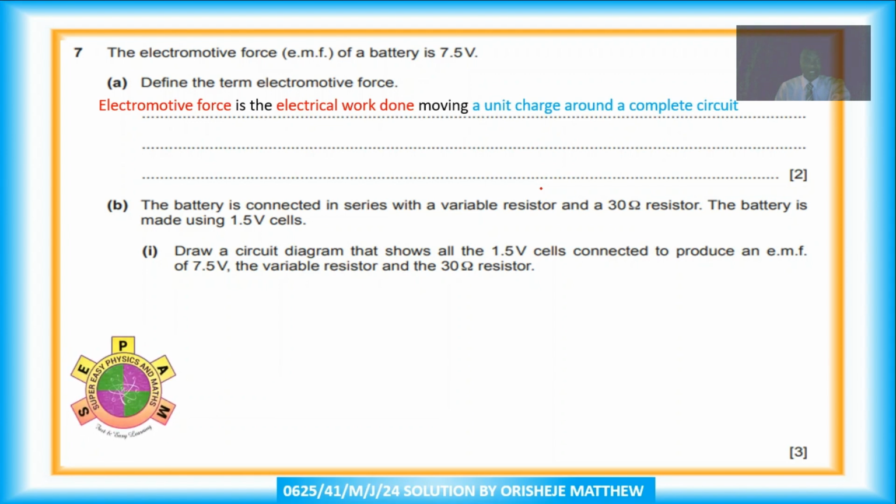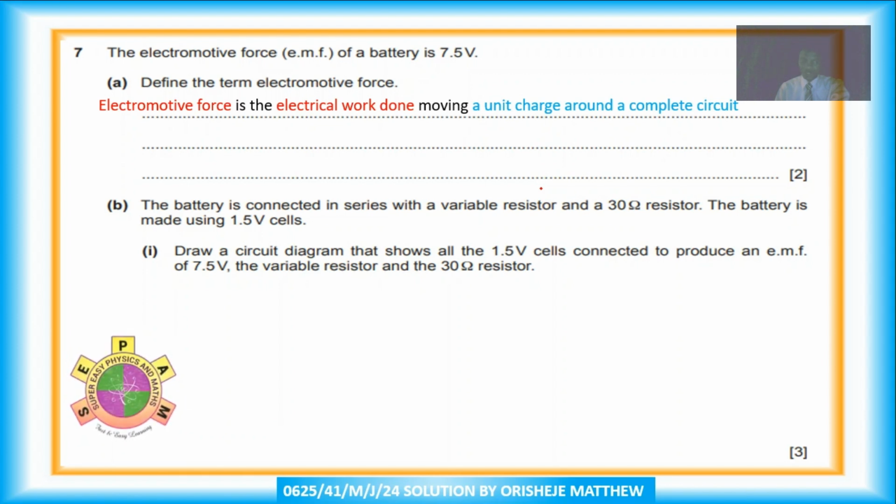The battery is connected in series with a variable resistor of resistance 30 ohm. The battery is made up of 1.5 volt cells. Draw a circuit diagram to show all the 1.5 volt cells connected to produce an EMF of 7.5.